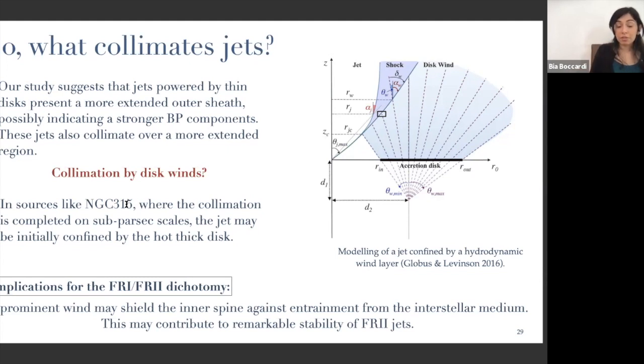It is also interesting that this scenario of the collimation by these queens may have some important implications for the FR1 FR2 dichotomy.